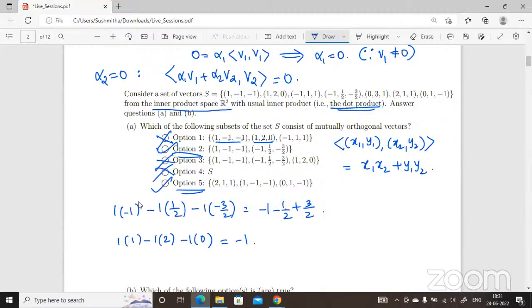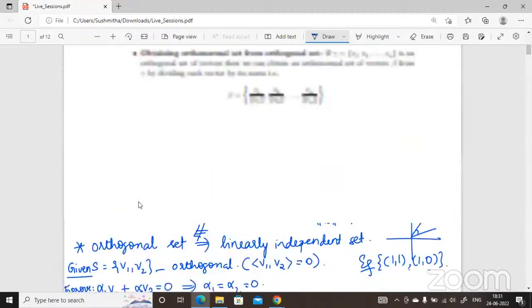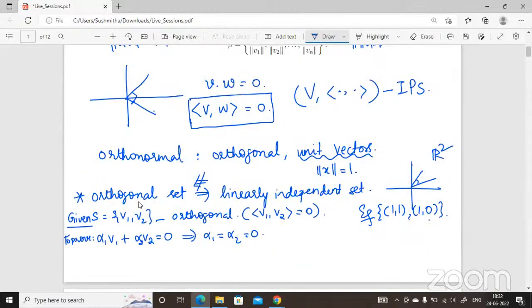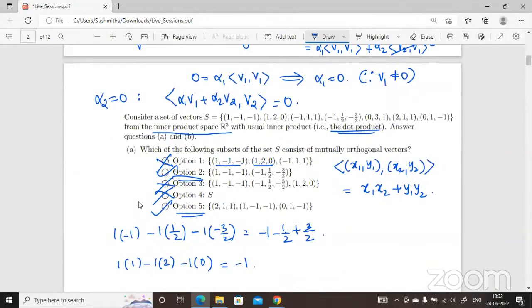So then you say it is an inner product space. That's what I had written here. So you have an inner product on the vector space V. V along with that inner product is called an inner product space. Any vector space on which you can define an inner product is called an inner product space.